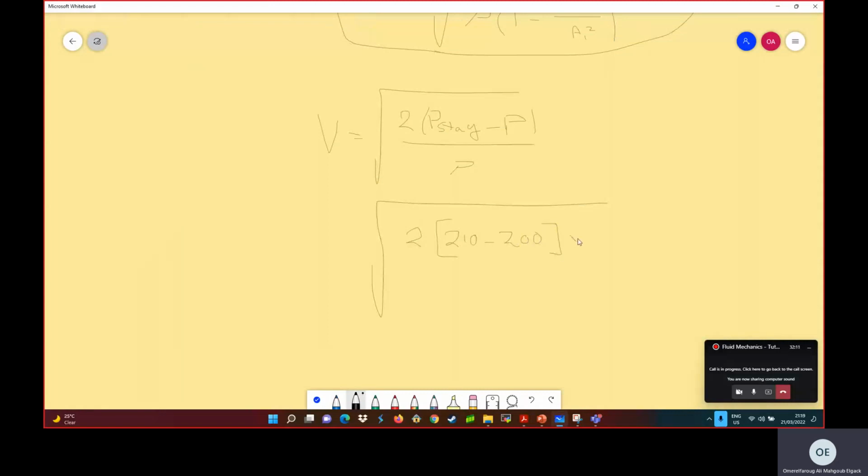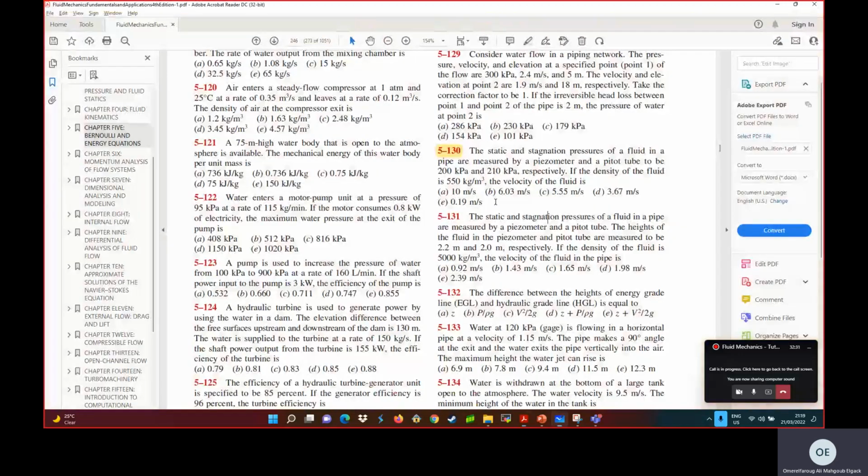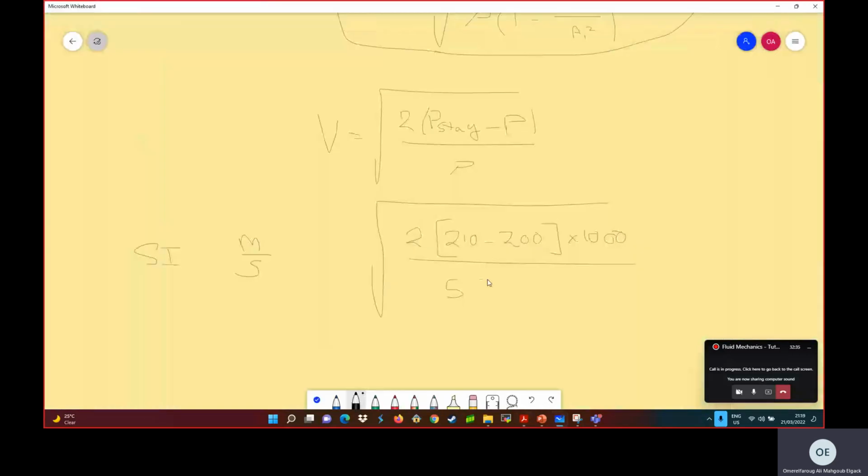And multiply by 1000 to convert from kilopascal to Pascal, because at the end I want the velocity in meter per second, which is the SI unit. If you want the output to be in SI unit, you need all the inputs to be in SI unit. So I will convert kilopascal to Pascal and divide by the density, which is already in SI unit, 550.